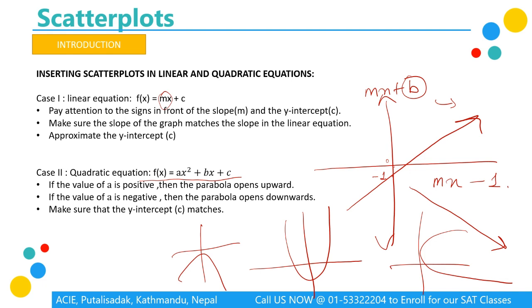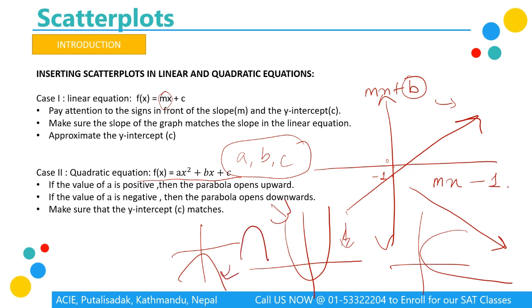Now the variables that are given over here are a, b, and c, and they play pretty important roles in finding out how the parabola is shaped and how it is formed. If the value of a is positive, then the parabola opens upwards like this given graph. But if the value of a is negative, then the parabola opens downwards, facing down like over here.